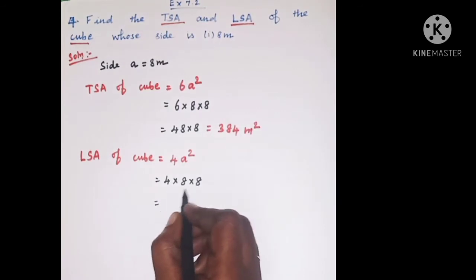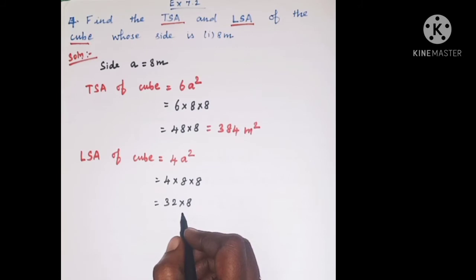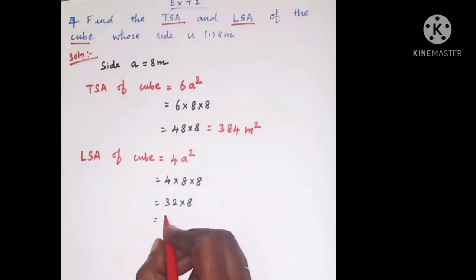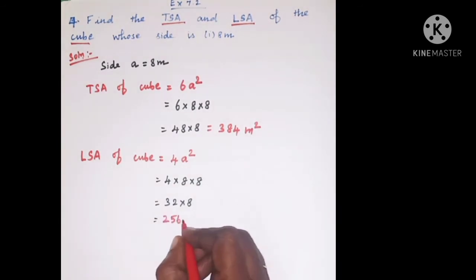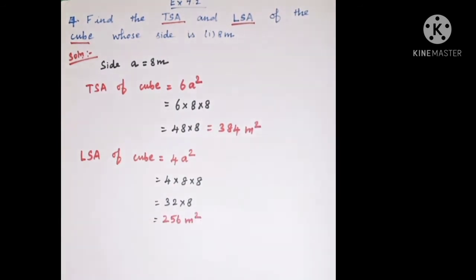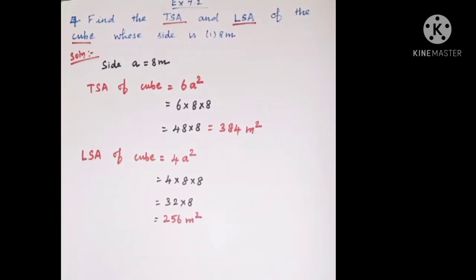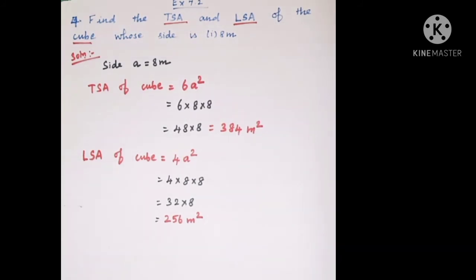So, 4 8s are 32, into 8 is 256. So, the answer is 256 meter square. The total surface area of the cube is 384 meter square, and the lateral surface area of the cube is 256 meter square.